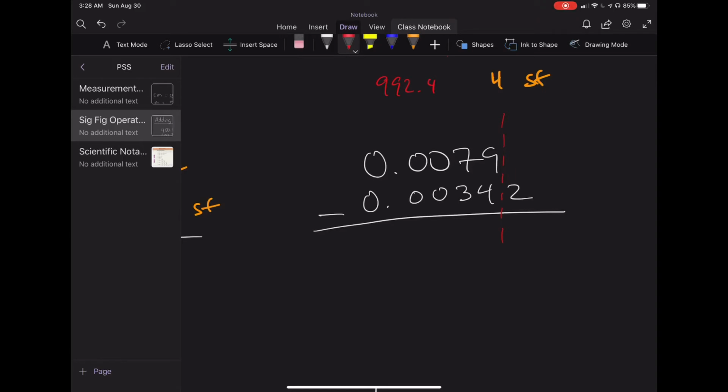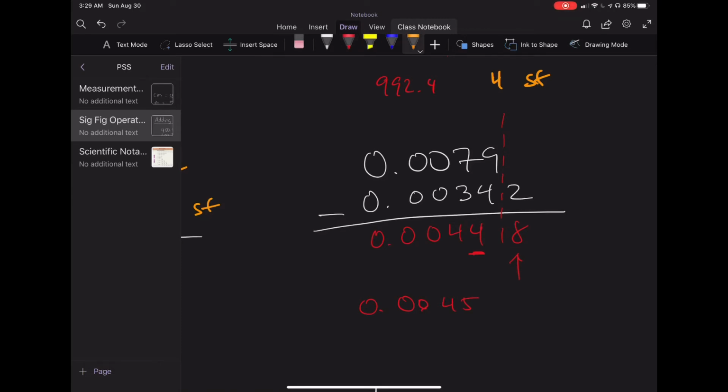My calculator tells me 0.00448. So that 8 needs to go away. We only want to keep those 4 places past the decimal. So we're going to need to round to this location. That 8 is greater than 5, so we're going to round up. So we're going to round to 0.0045.